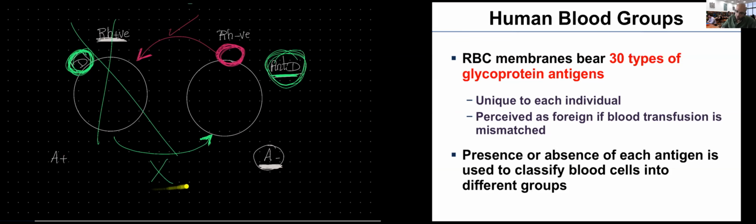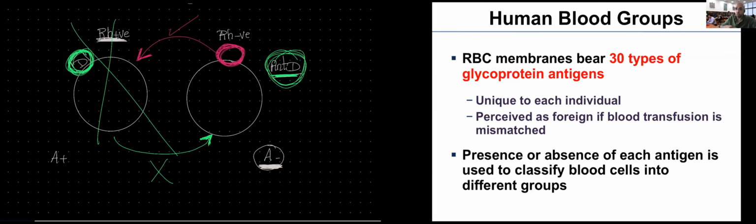So if this was a female, and she got married to an Rh positive person, all her babies are going to be at risk of developing erythroblastosis fetalis, because she got exposed to Rh positive before, even with the first pregnancy.